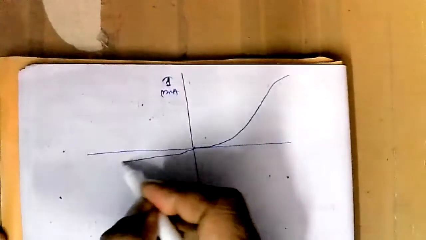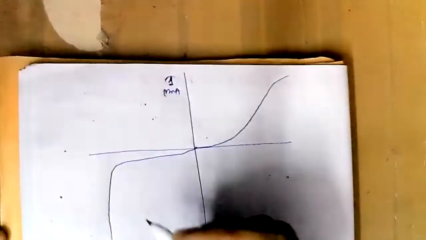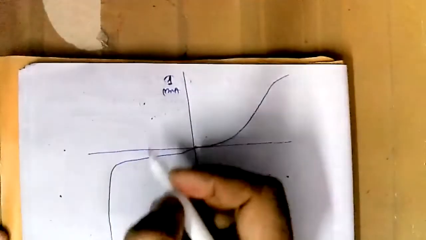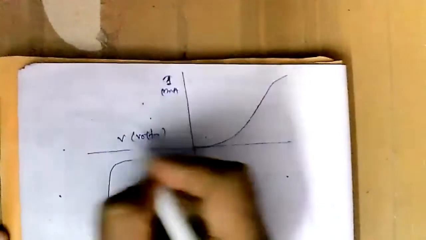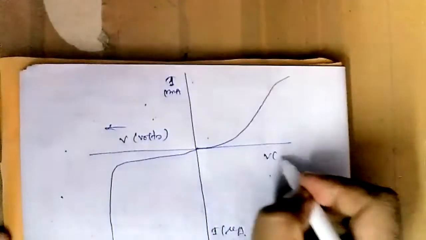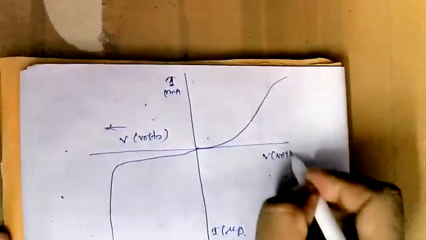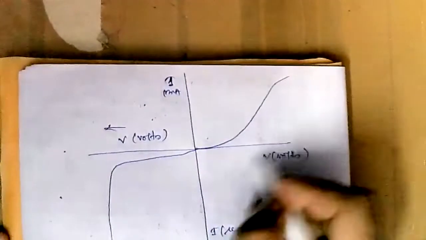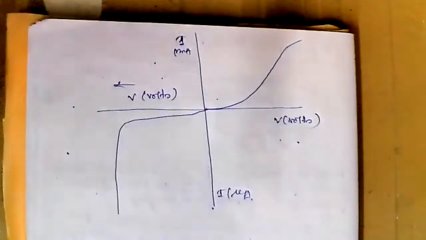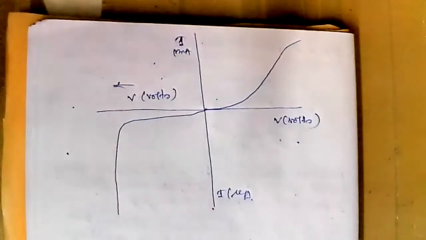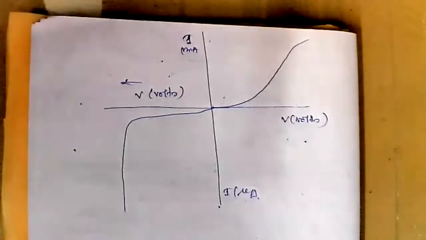In the reverse direction, this is something like this. This is V in volts. This is forward biasing voltage, this is reverse biasing voltage. So this is the complete characteristics of a PN junction diode.